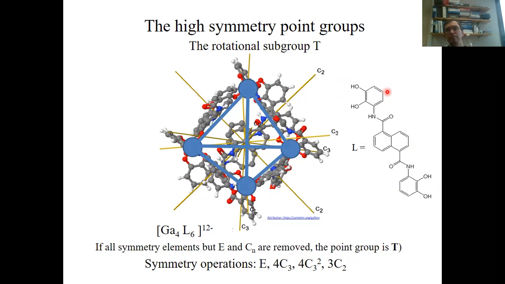Due to the shape of these ligands and how these ligands coordinate to the gallium atoms, the symmetry is being reduced. So all the improper rotational axes and all the mirror planes are eliminated, so that the molecule is now in the point group T.